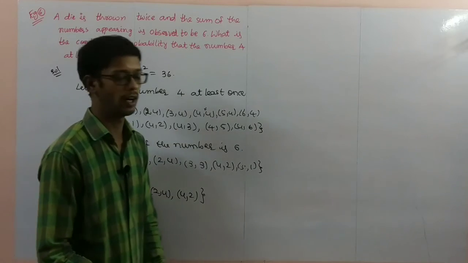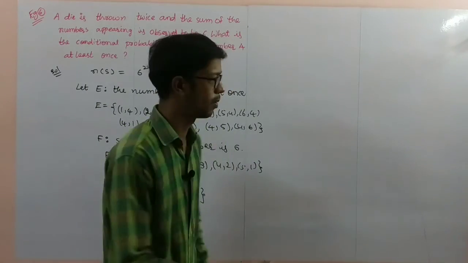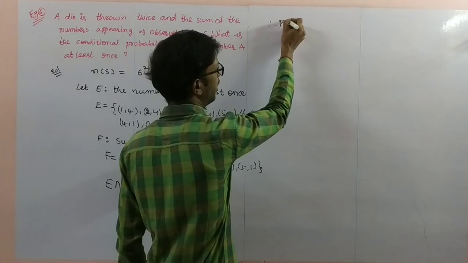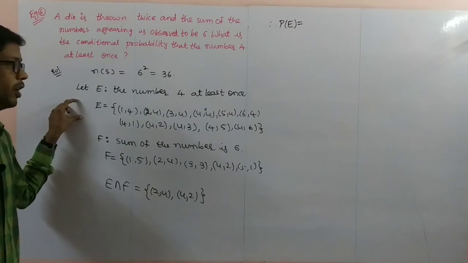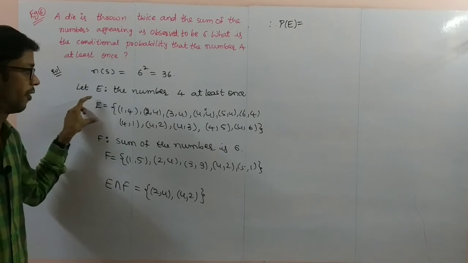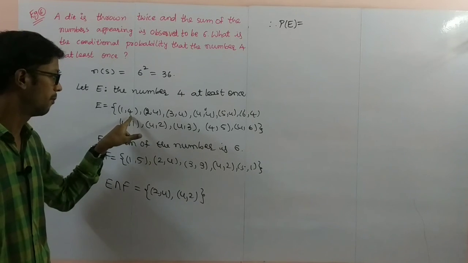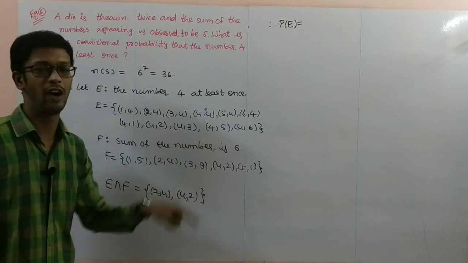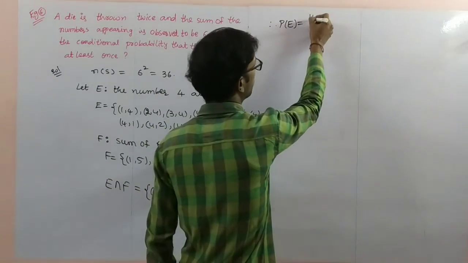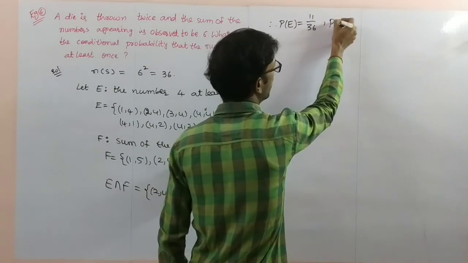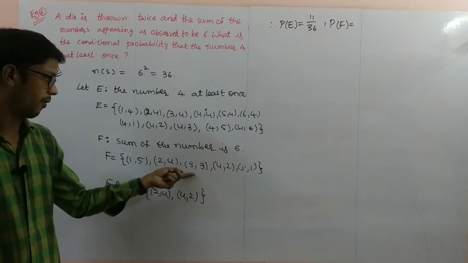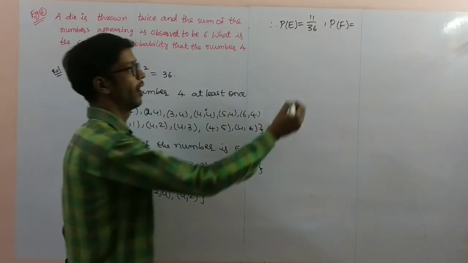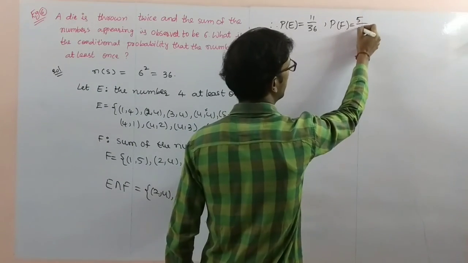Now you have to continue the conditional probability. Before that, you write the probability of E. Probability of E is total favorable outcomes. Favorable outcomes is 6 plus 5, 11. So 11 by 36 is the probability of E. Probability of F: 3 plus 2 is 5 favorable, so 5 by 36.